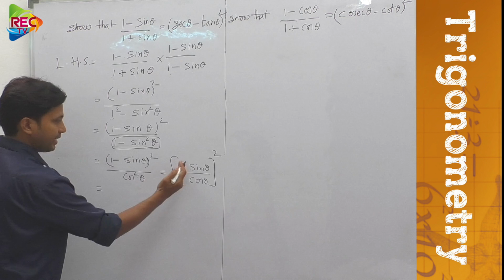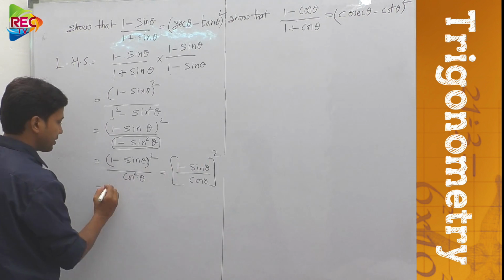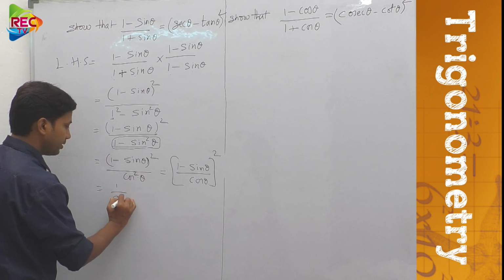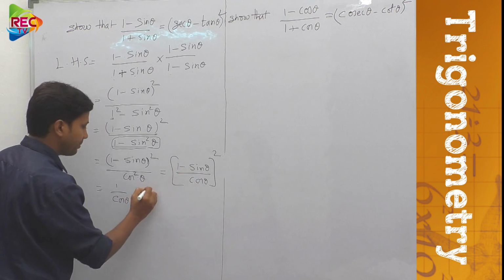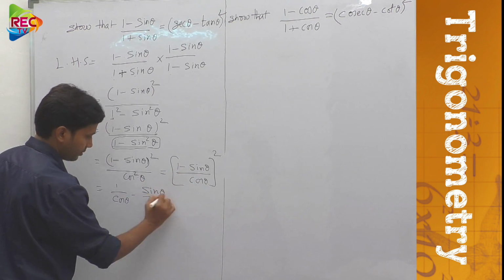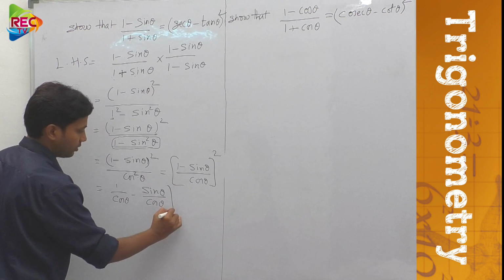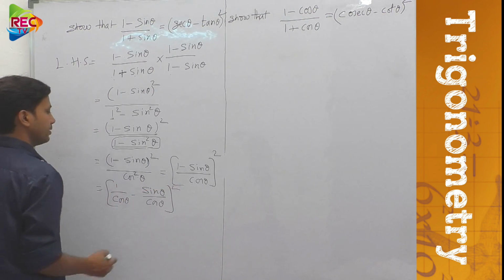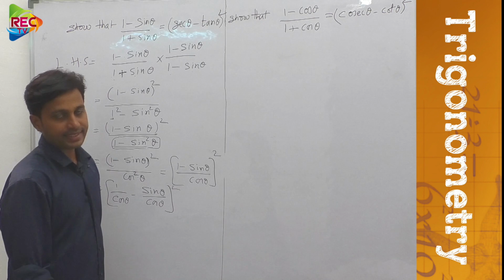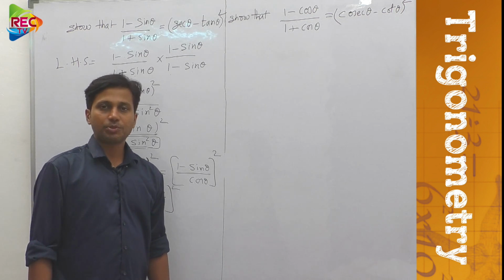Now here inside the bracket we can separate the fractions. That would be (1 by cos theta minus sin theta by cos theta) whole square. Now 1 by cos theta, cos and secant are reciprocals of each other.